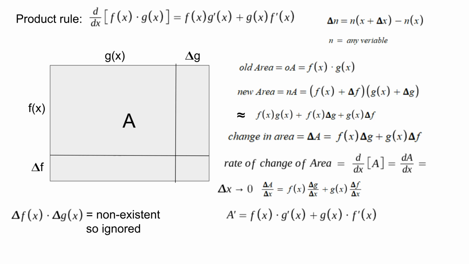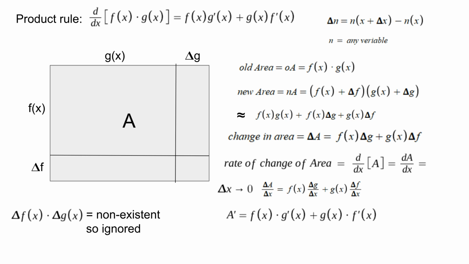This can be separated into 4 different areas. The first one equaling f of x times g of x plus f of x times change in g of x plus g of x times by change in f of x.